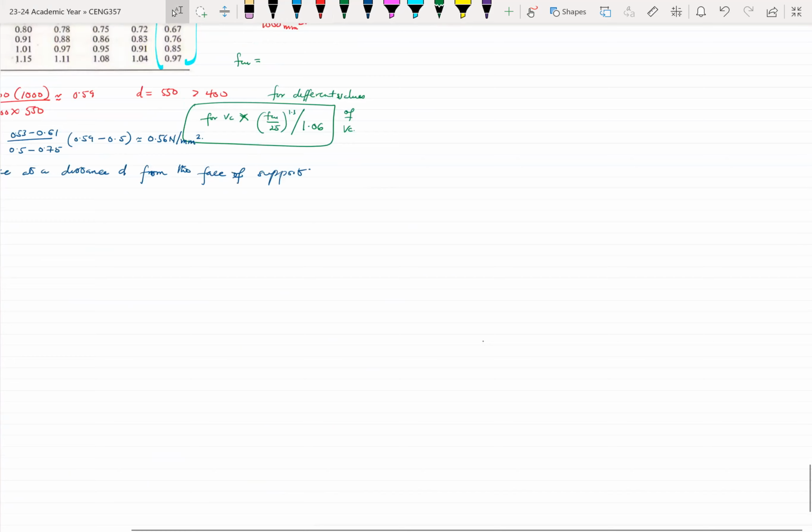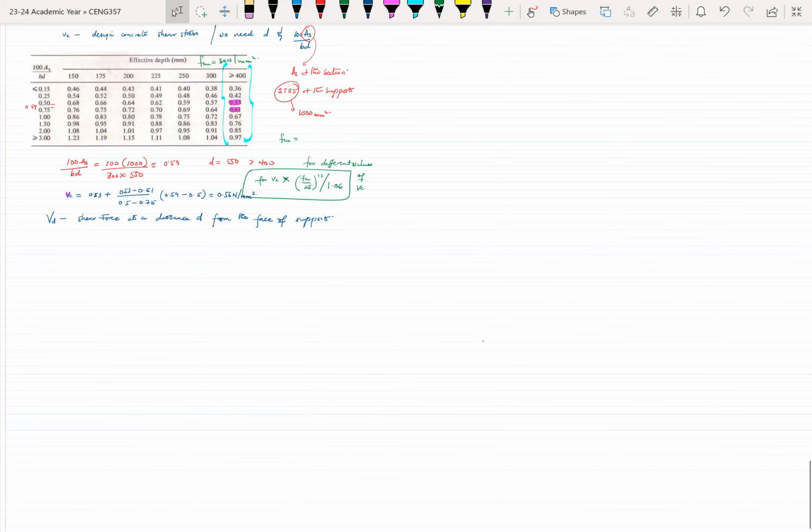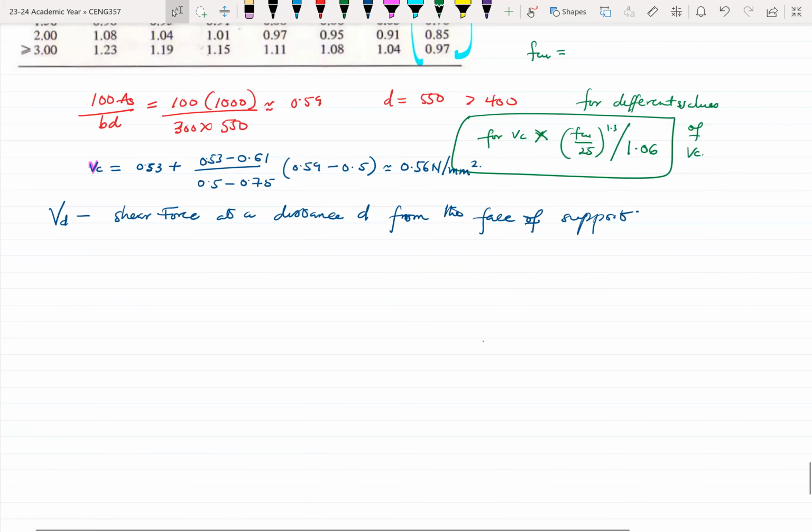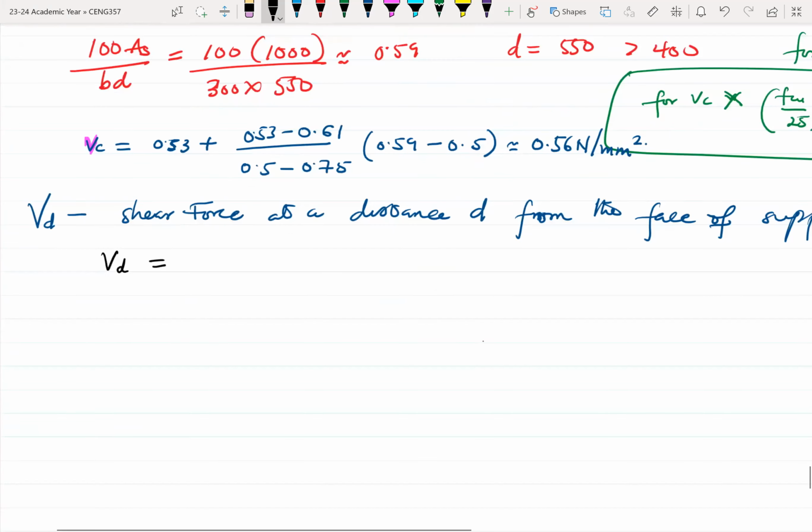So let's find the shear VD. VD can easily be found just the way we dealt with the VS, which is the shear from the face of the support. So VD is simply VS minus WD.